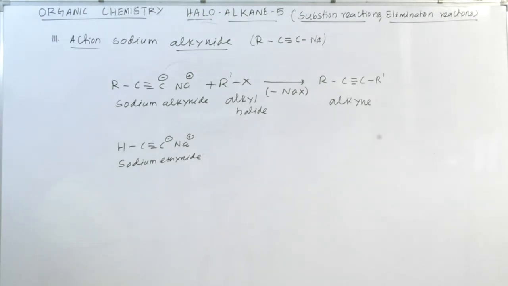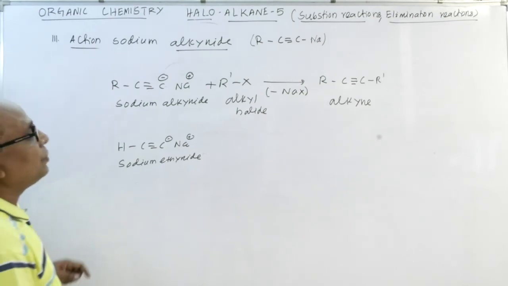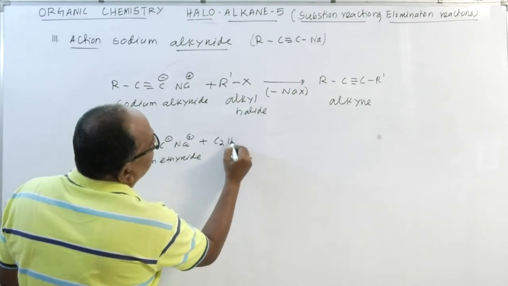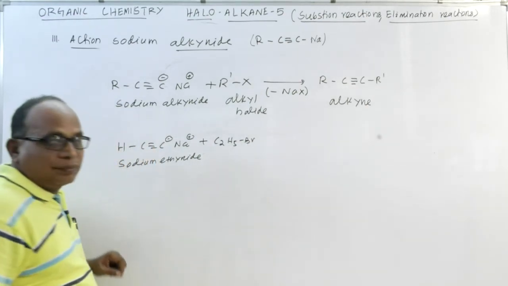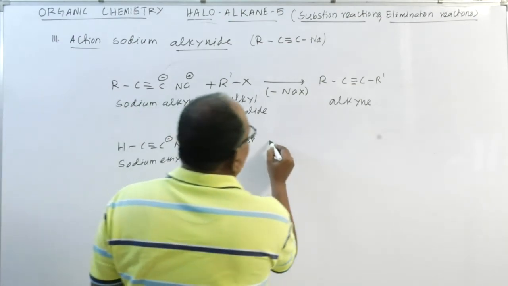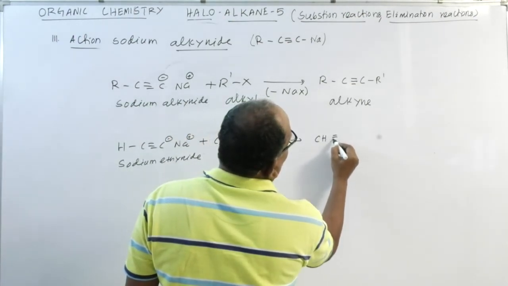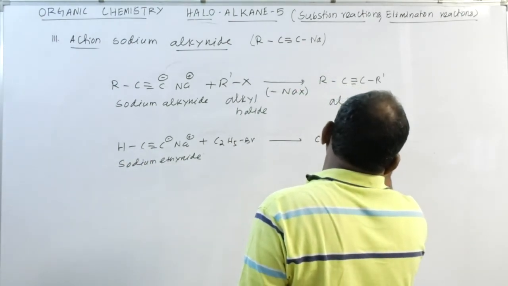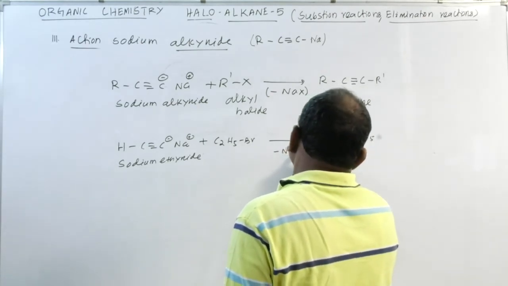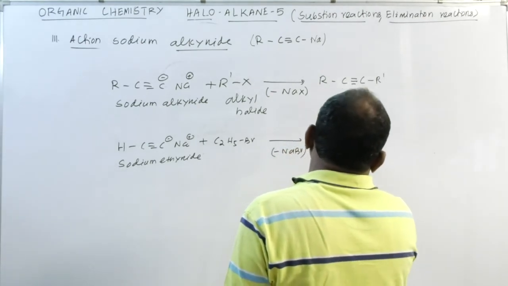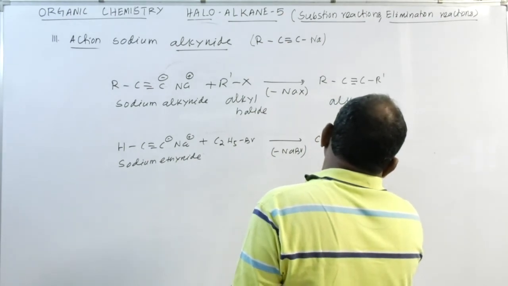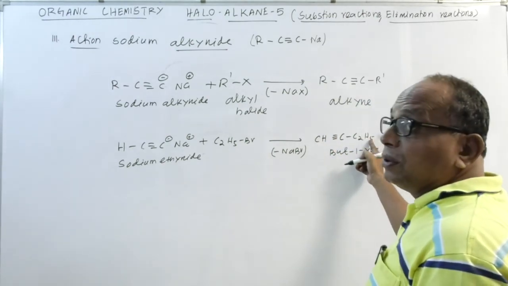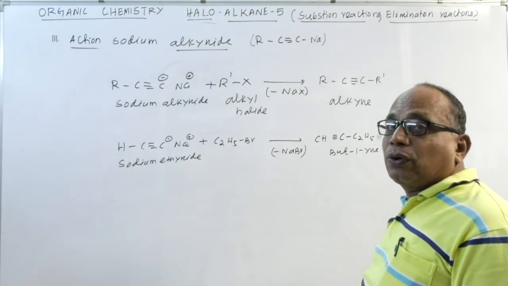From ethyne you can prepare sodium ethynide, as you know from the substitution reaction of alkyne 1. So this reacts with, suppose, ethyl bromide. What product will we get? You will get CH triple bond C C2H5 by losing molecular NaBr. This is called but-1-yne. 1, 2, 3, 4, butyne with the triple bond at 1. But-1-yne.